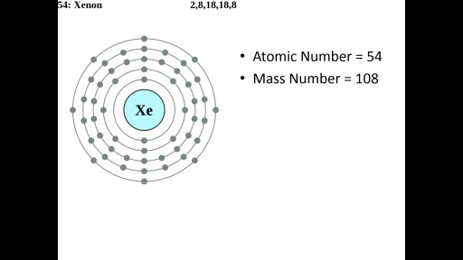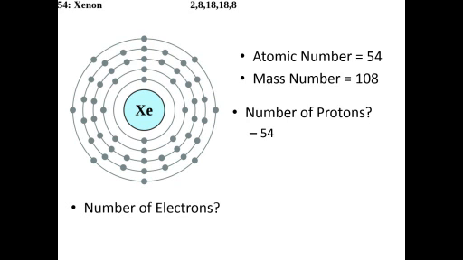So here, looking at xenon, xenon has an atomic number of 54. So 54 protons. And what about the number of electrons? It has 54 as its atomic number, so 54 electrons.